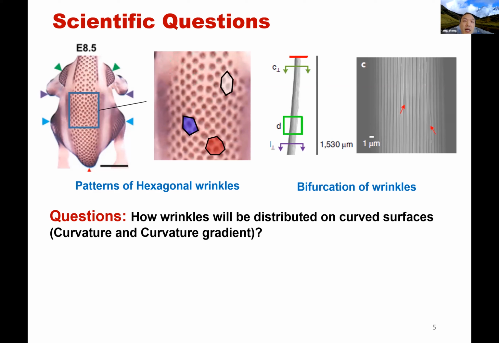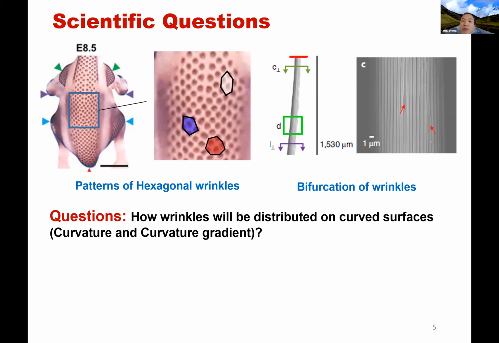The question I wanted to answer, actually I don't have an answer yet, but the question I wanted to start with is how wrinkles will be distributed on a curved surface. Like the embryo, we can think of it as a banded cylinder, or later I will show that we can use a torus to mimic this geometry.